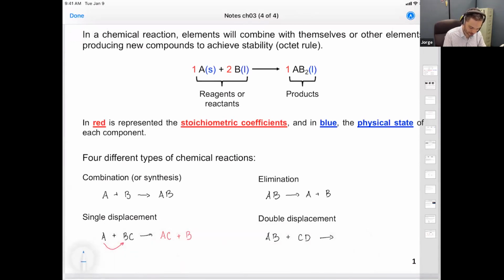So in this case, A will switch partners and combine with D, and C will switch partners as well and combine with B. So double displacement, two switches that will produce two new compounds, A with D and C with B. So double displacement, we start with two or more compounds and everything is going to change.